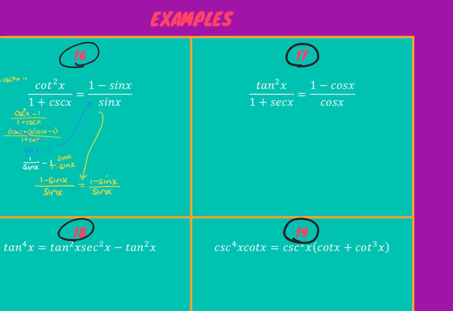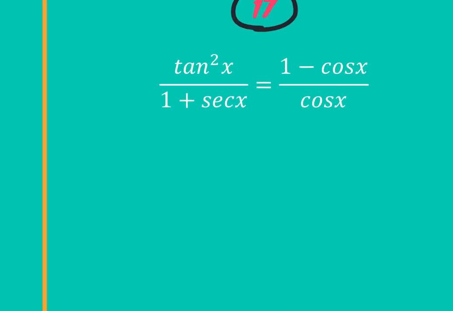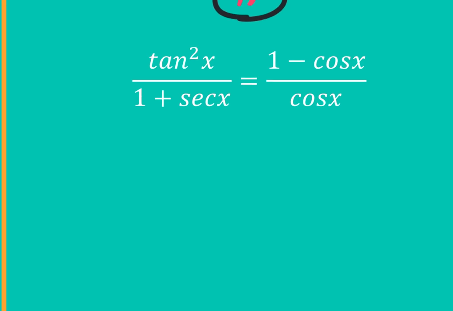Looking at 17, it's a lot like that 16. On the left-hand side, you've got tangent and secant, and these are both in the same Pythagorean identity. This time, tan squared plus 1 would equal secant squared. So if I want tan on the side by itself, I would get tan squared equals secant squared minus 1.